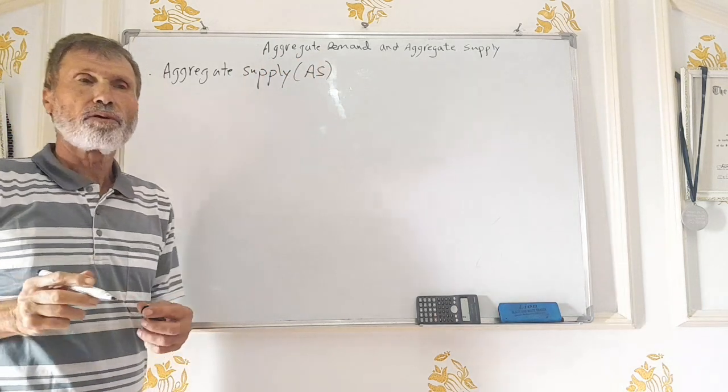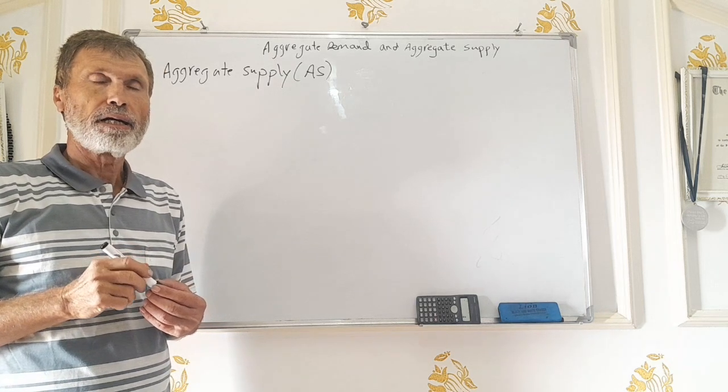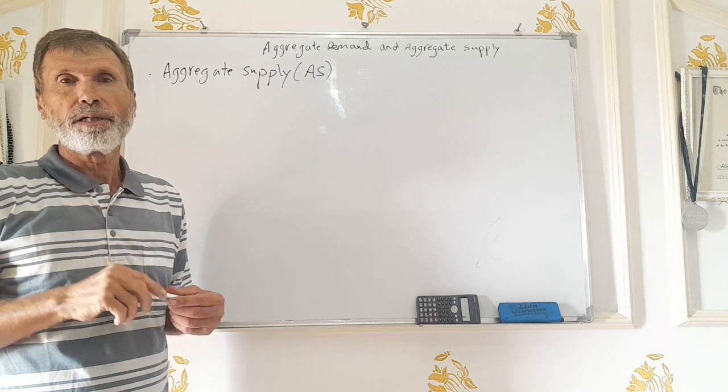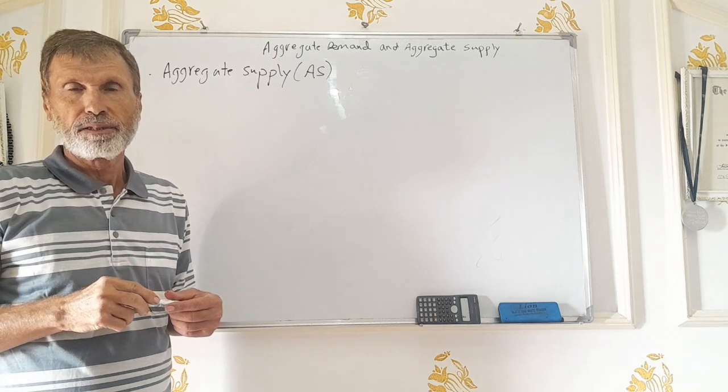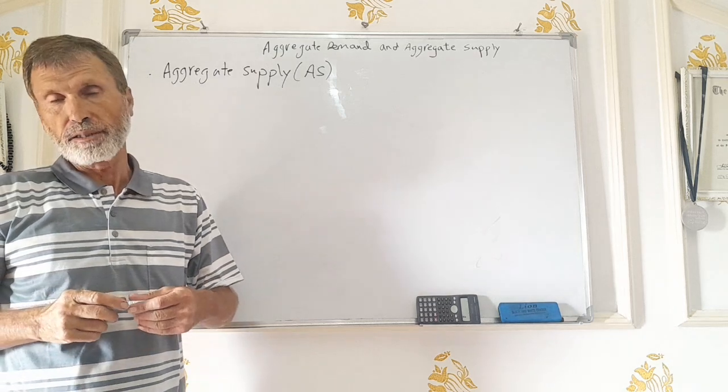Now, aggregate supply, as we said at the beginning of the lecture, consists of two curves. One related to the short run and the other one related to the long run.